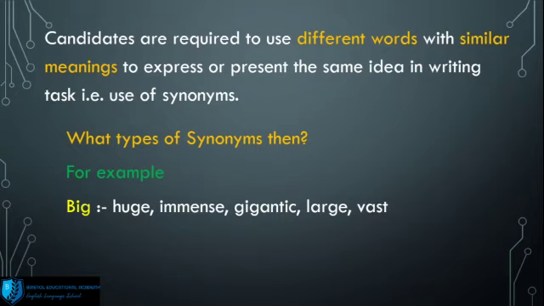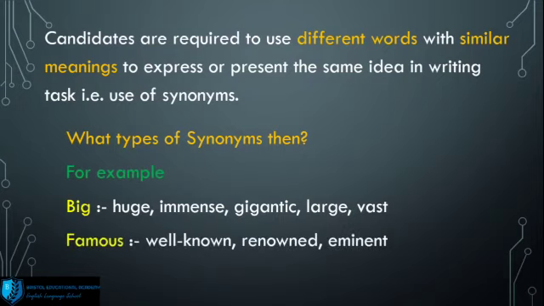Accuracy means that all these words are similar to the word big, and range means that in one paragraph we are using the word huge, in the other paragraph we are using the word large, in another paragraph maybe we are using the word gigantic. Similarly, there are other words like famous. If it is in the question prompt, we can use well-known, renowned and eminent.